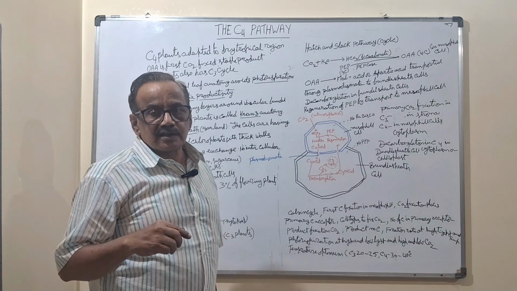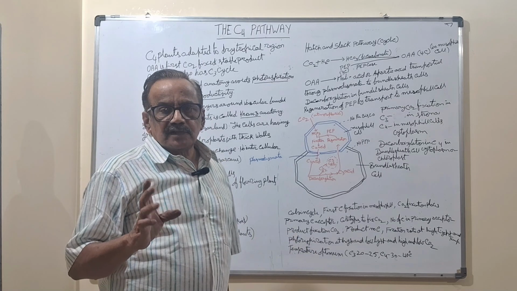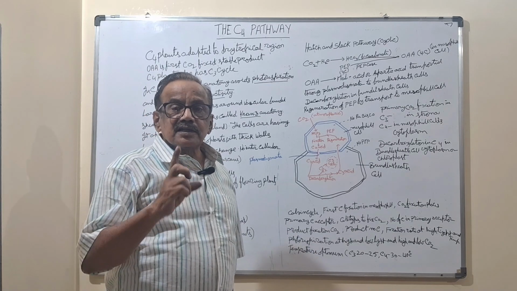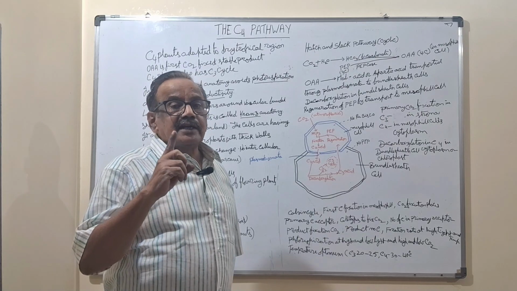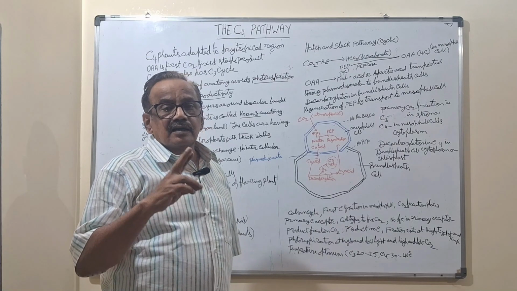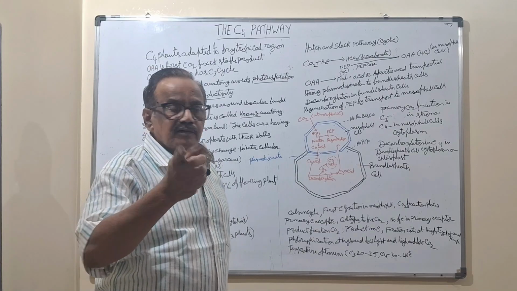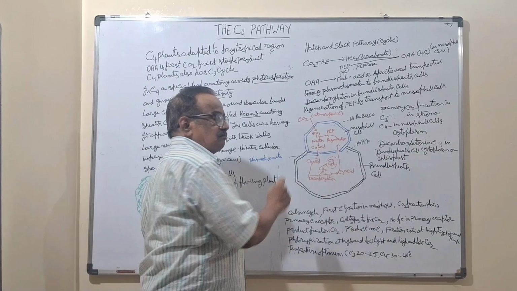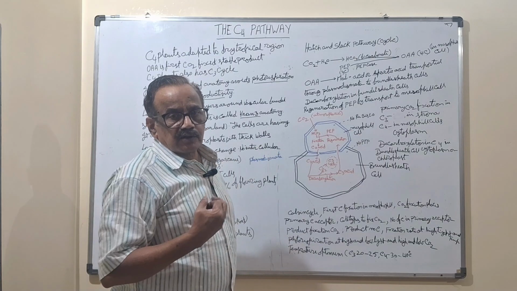Now one more thing, what is it separating, you will ask. In the C4 plants, only the dark reaction is separated. Remember it. Light reaction takes place here also, because NADPH is produced.